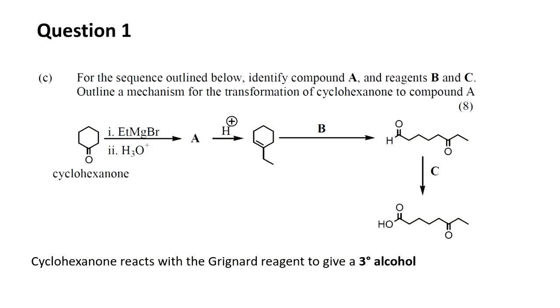Yeah, the zinc one, correct. So when we do ozonolysis followed by reductive workup using zinc and acid, we get an aldehyde. But if we use ozone followed by peroxide, we would end up with a carboxylic acid. So for B, we would use ozone followed by zinc.